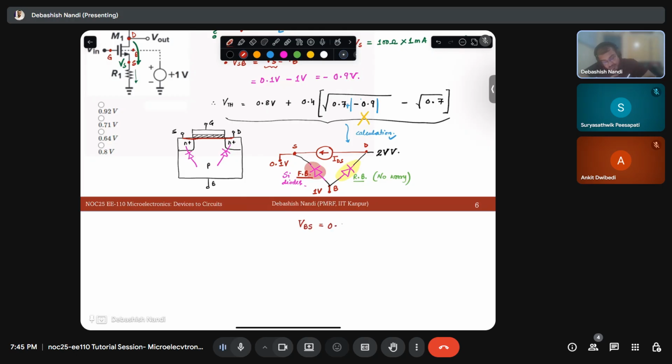VBS is 0.9 volt, right? And the diode is a silicon diode, 0.7 volt is the on voltage. So if I draw IBS versus VBS, your diode should look like this. This is your 0.7 volt. And where are you biasing it? At 0.9 volt. What will happen at 0.9 volt?